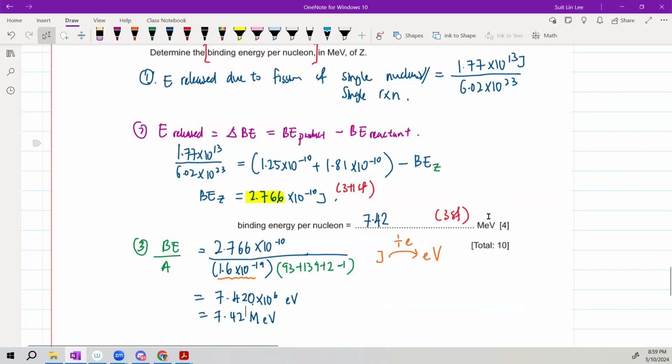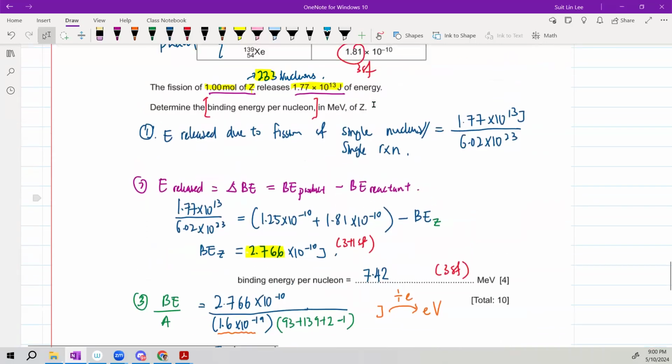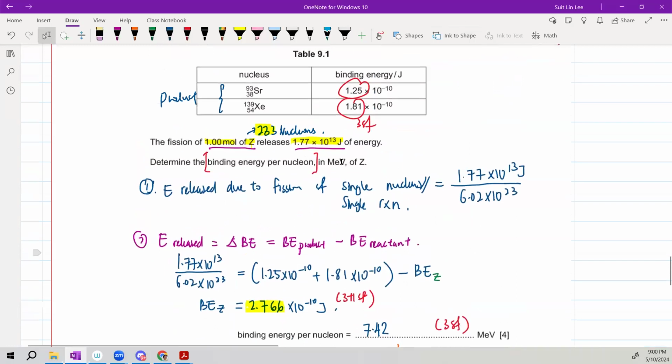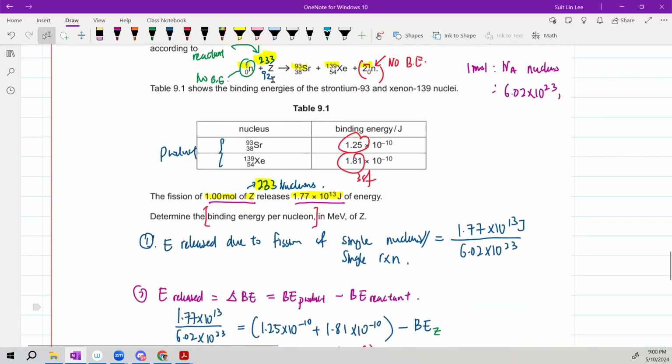So to answer the question, how do I know? Well, to be honest, when I start the question also, I don't know. I'm just trying to put together the information so I can give it back to them based on what they give me. So if it's 1 mole, I figure out most of the time I calculate the reaction for 1 particle, so I try to find the energy of 1 particle.